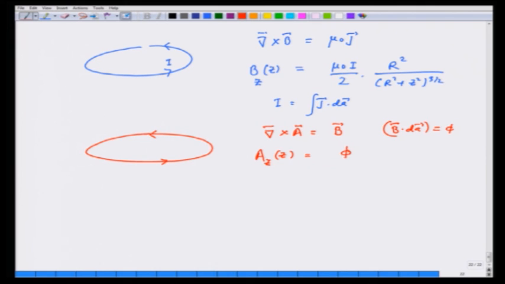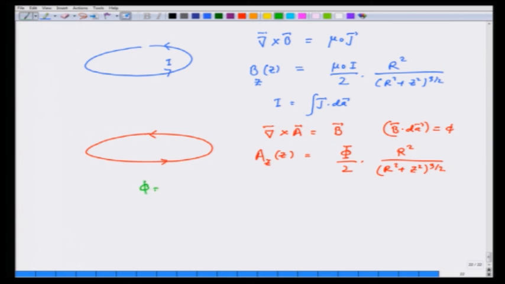So, flux through the ring divided by 2 times r square over r square plus z square raised to 3 by 2. What is the flux? Now, rest is all keeping the values in.